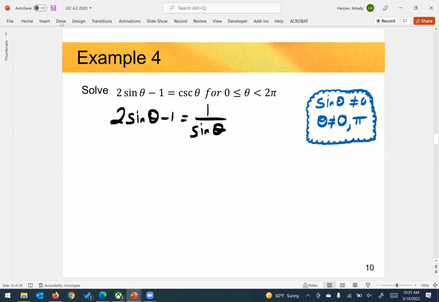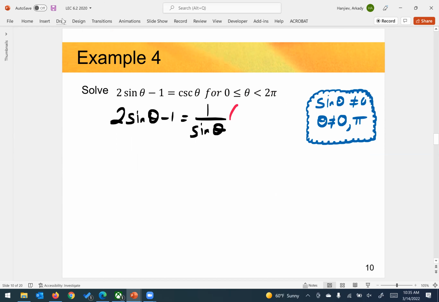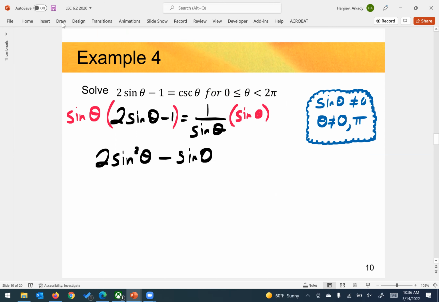Okay, now let's go ahead and actually do the work here. So one way is just to take a reciprocal if you're ready for it. The other one is multiply both sides by our common denominator in this case. So 2 sine squared theta minus sine theta is equal to 1.